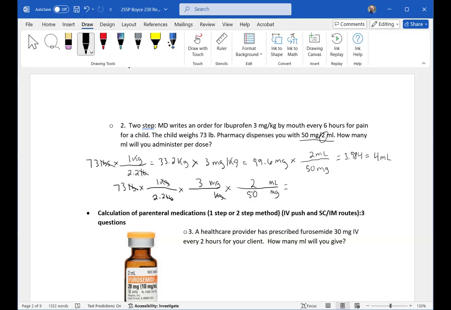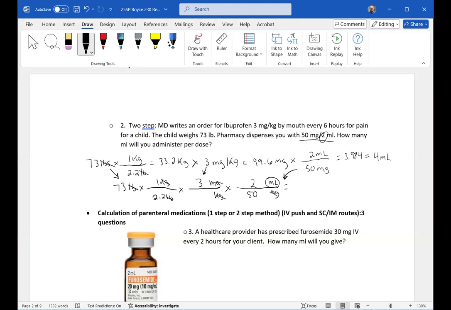I took this step, this step, and then this step, and I just condensed it all into one thing. And before I do any kind of math, the only unit I have left is ml. So that's the value of doing dimensional analysis.